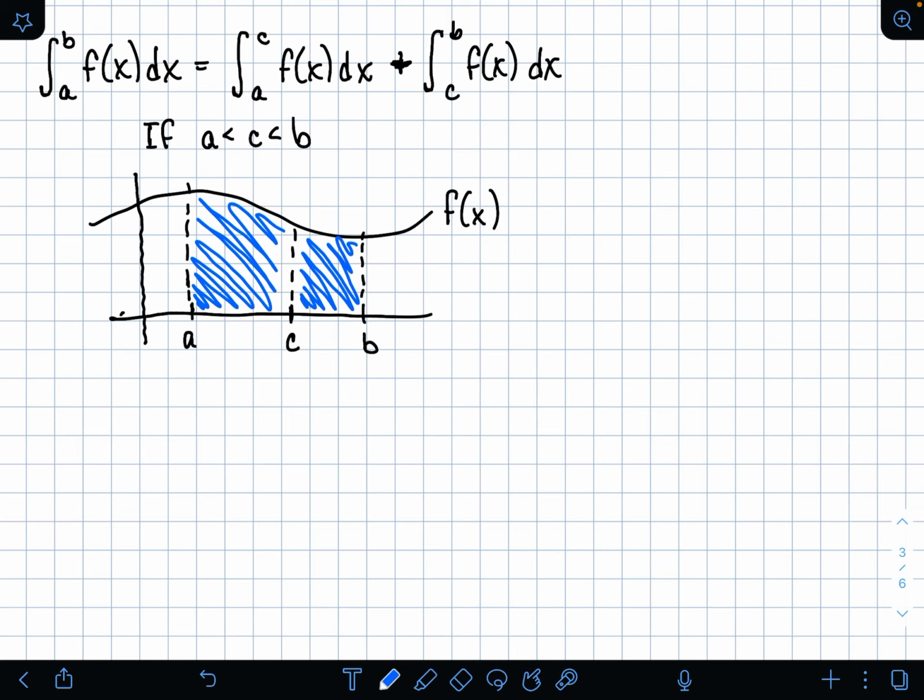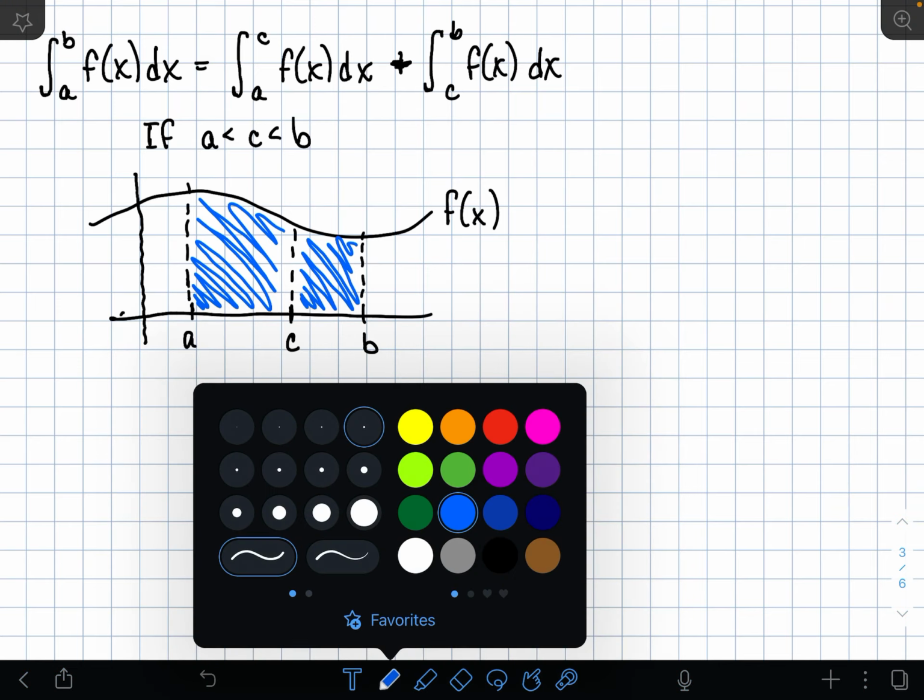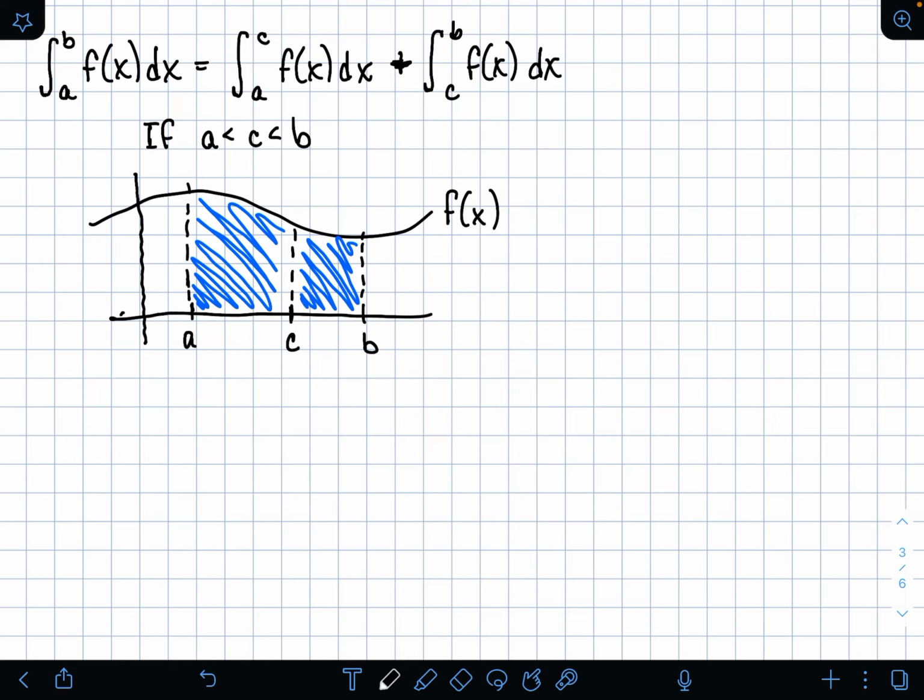That should, I hope, go without much discussion. We use that kind of thing in geometry classes when you have an irregular shape, where you're asked to find the area of it. The trick is to split it into two nice regions, find the area of the nice regions, and then add them together. It's basically the same idea as the Riemann sum in general, finding the areas of the separate rectangles and then adding them together.